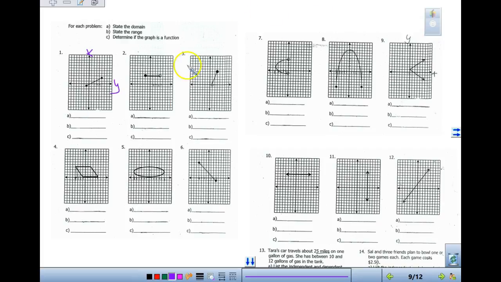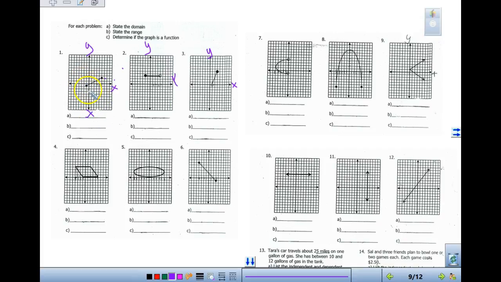So y is our vertical and our x. If it helps you to label your y and x axis, okay, right by those lines. Sometimes some people have made their lines a little larger because they're kind of hard to see. So in that first one, if I was stating my domain, I'm going to put x in the middle.